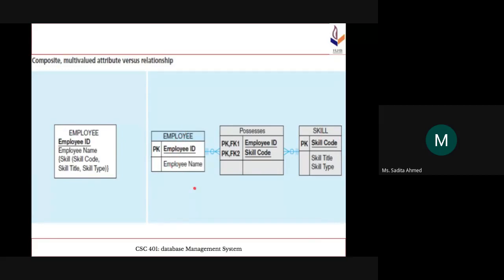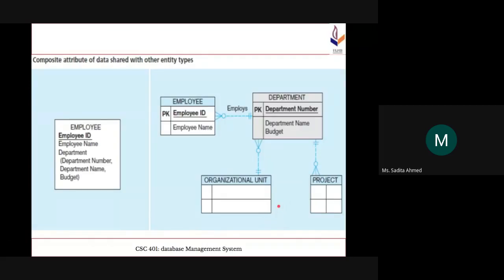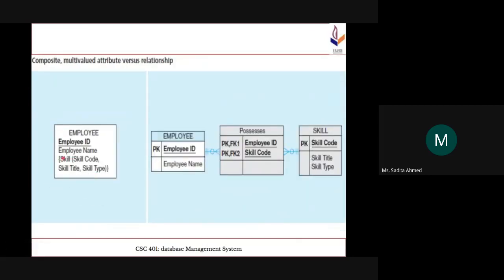What we would do is just how previously এই যে multi-valued attribute এর জন্য একটা আলাদা entity create করেছি, see here prerequisite একটা multi-valued attribute, so prerequisite এর জন্য আমরা একটা নতুন entity create করেছি। Similarly, skill একটা multi-valued attribute as well as a composite attribute, sure, but because it's also a multi-valued attribute, স্কিল একটা মাল্টি-ভ্যালুড অ্যাট্রিবিউট হওয়ার কারণে আমরা স্কিলের একটা নতুন এন্টিটি ক্রিয়েট করব। We will create a new entity called skill, right?